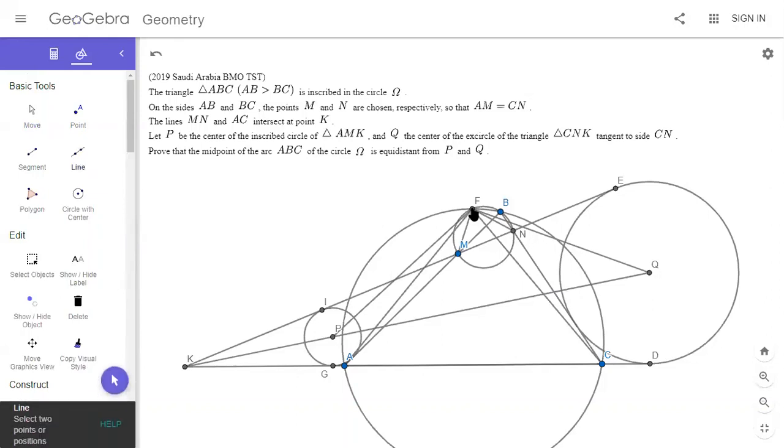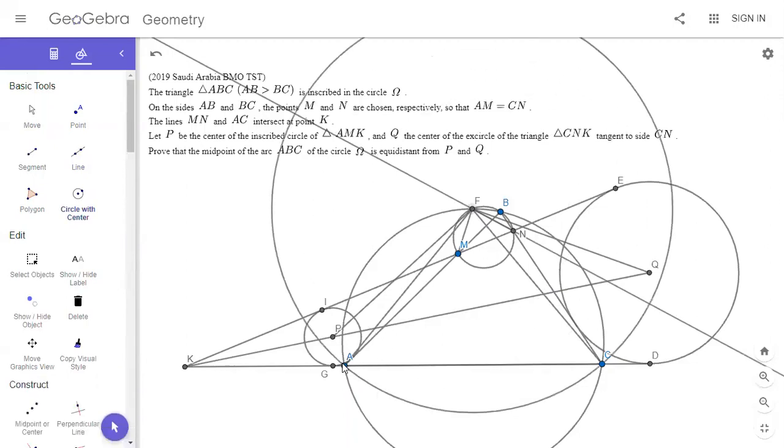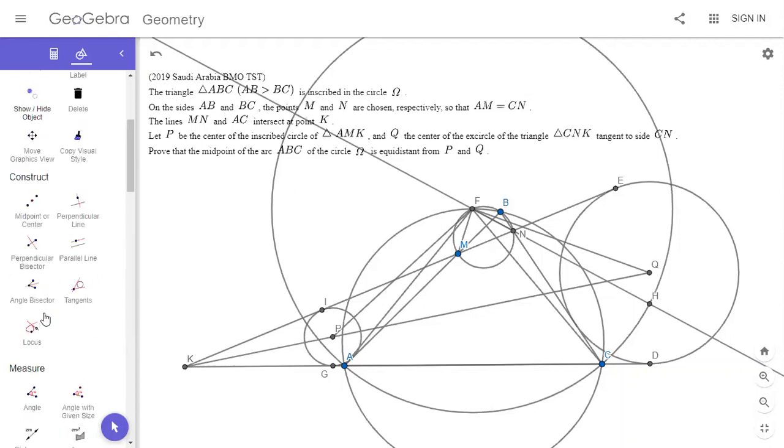Let's see, what if I did this? Then FBH, we want to show this congruent to F. Wait a sec. Is FB equal to PA?